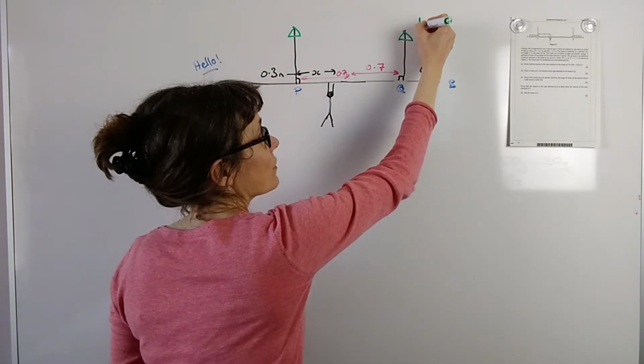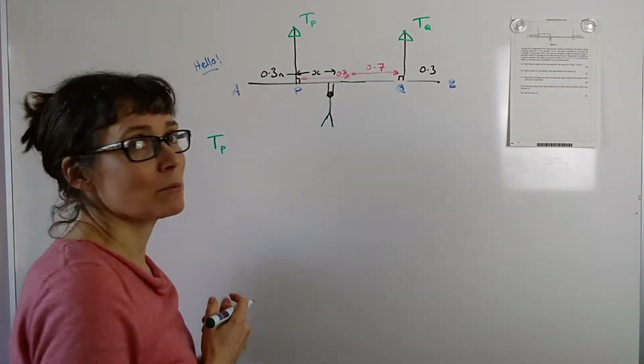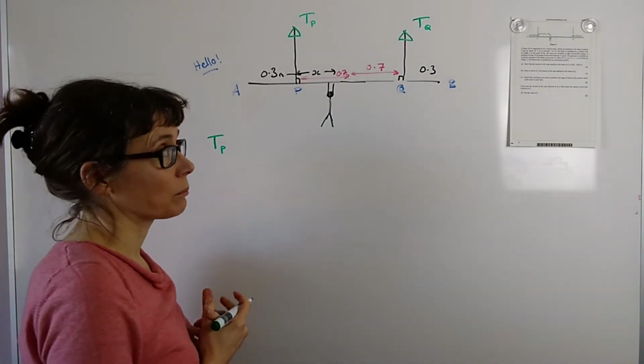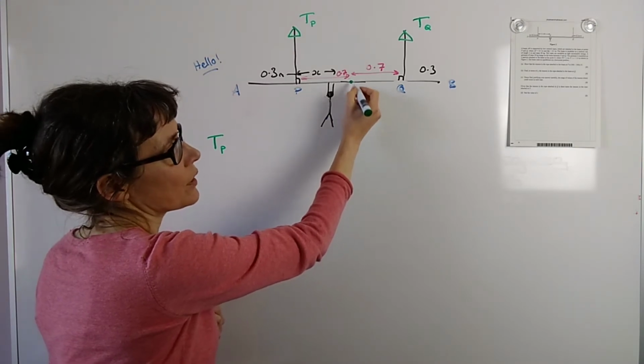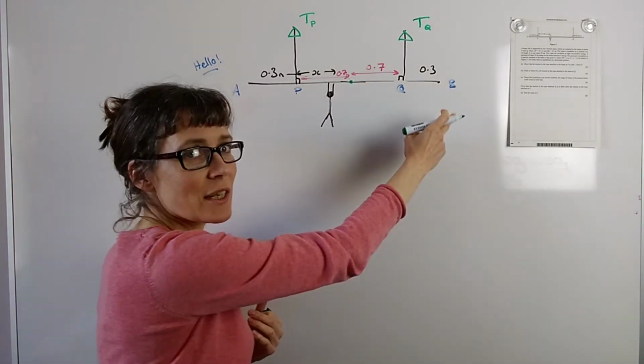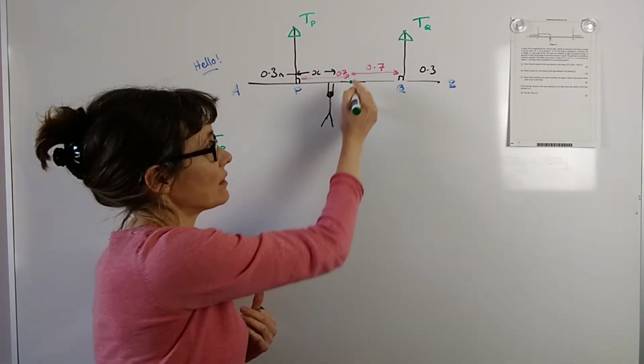We've also got the weight of the beam itself, which the question says is a uniform rod. So that means it's going to act at the centre. That's the weight of the beam, and it gives us that the mass is 20 kilos. So we've got 20g as our force there.